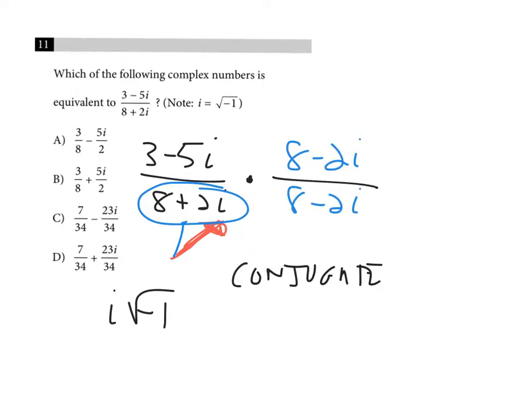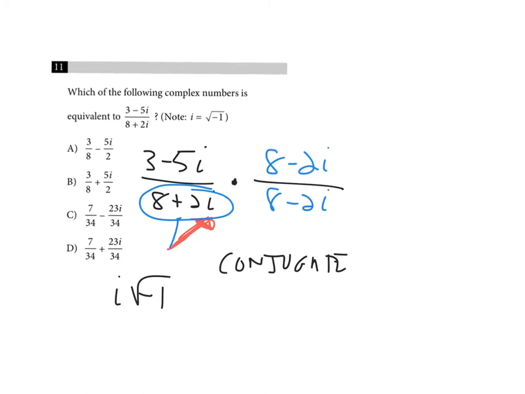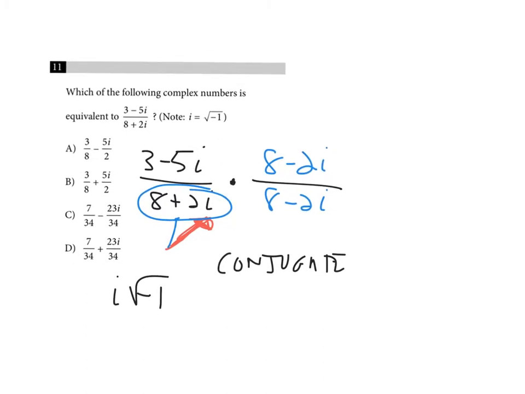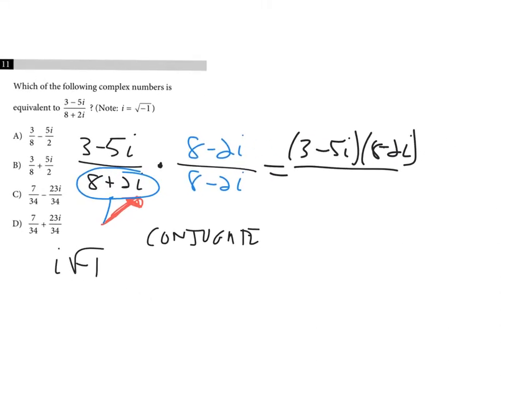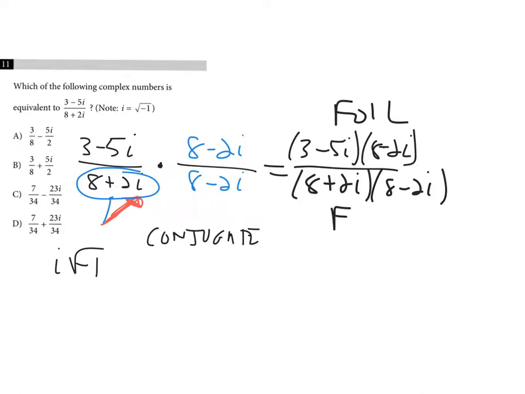Now the goal is to get rid of the i in the denominator. So up top we're going to have 3 minus 5i times 8 minus 2i. On the bottom we're going to have 8 plus 2i times 8 minus 2i. So we're going to have to do some foiling both to the top and the bottom.